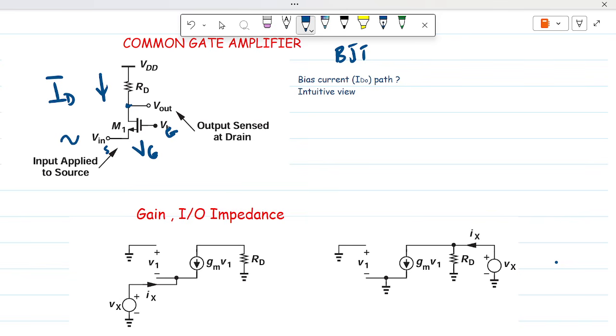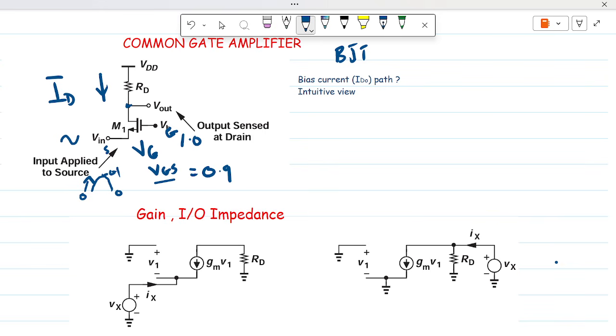So assuming the gate voltage is at a particular potential, say 1 volt, and there is an increase in the input voltage, let's just take something like 0.1 volt here. Then the increase in the input voltage from 0 to 0.1 would reduce the VGS to 0.9.